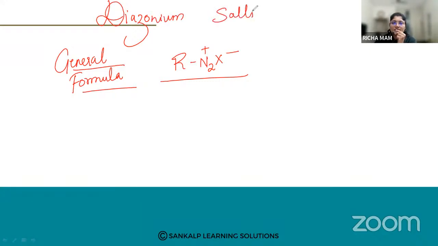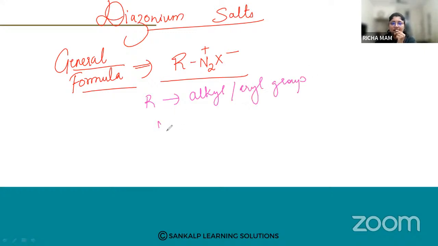The general formula of diazonium salts is RN2 plus X minus. Here R can be an alkyl or aryl group. N2 plus is the diazonium group, represented like this.